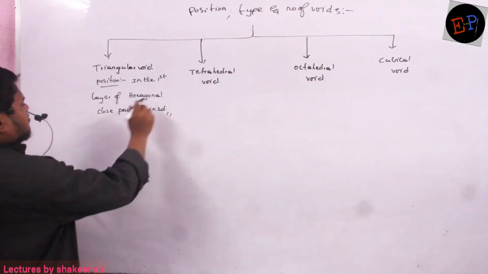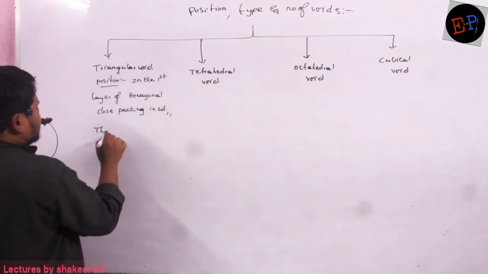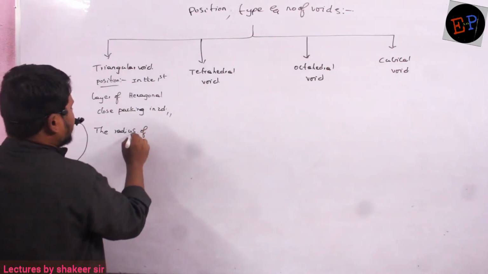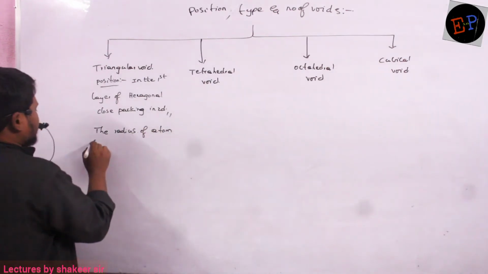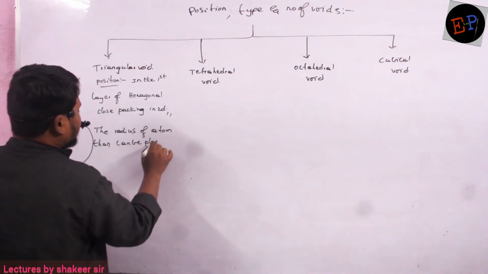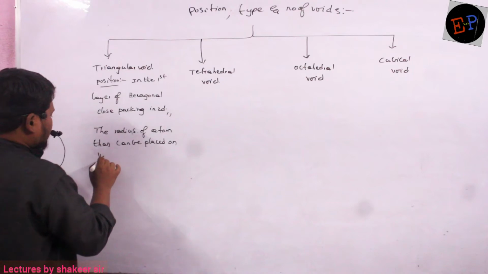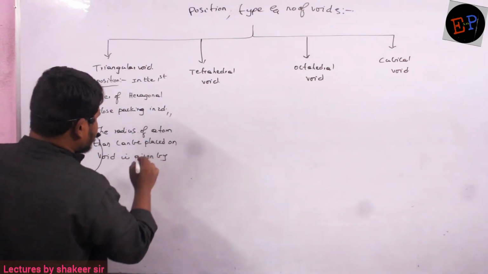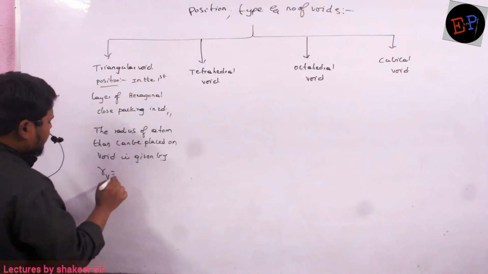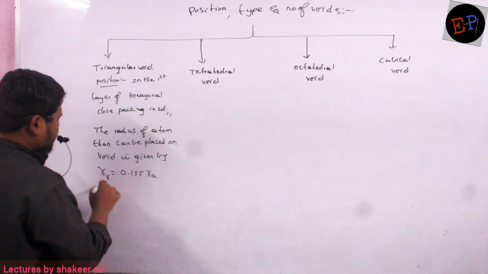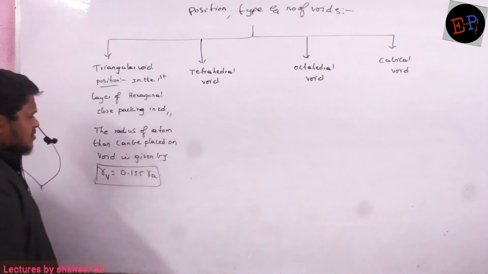Okay. So the radius of the atom that can be placed on the void is given by: radius of void is equal to 0.155 times the radius of the atom. So this is a very, very important discussion.